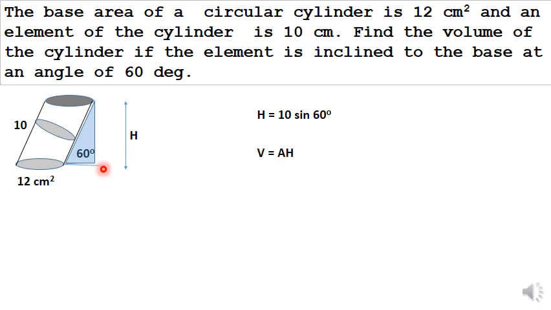So we now have the volume. The volume is the cross-sectional area of the base times the vertical height, so our volume is equal to 103.9.